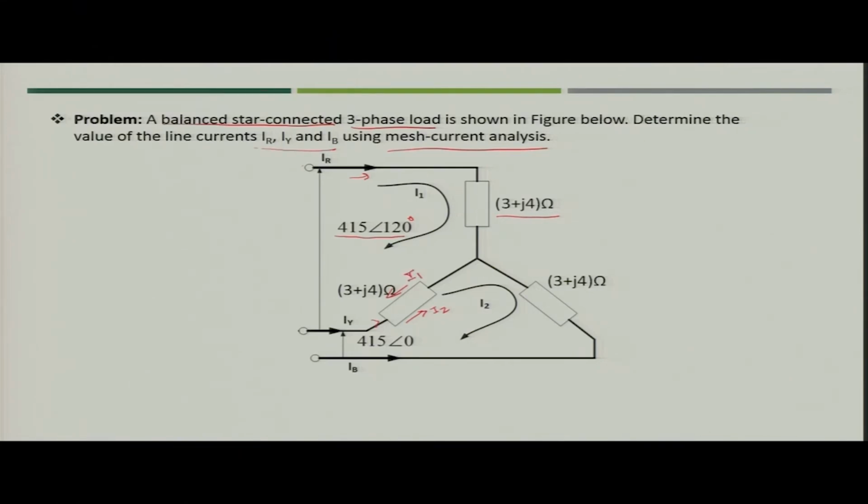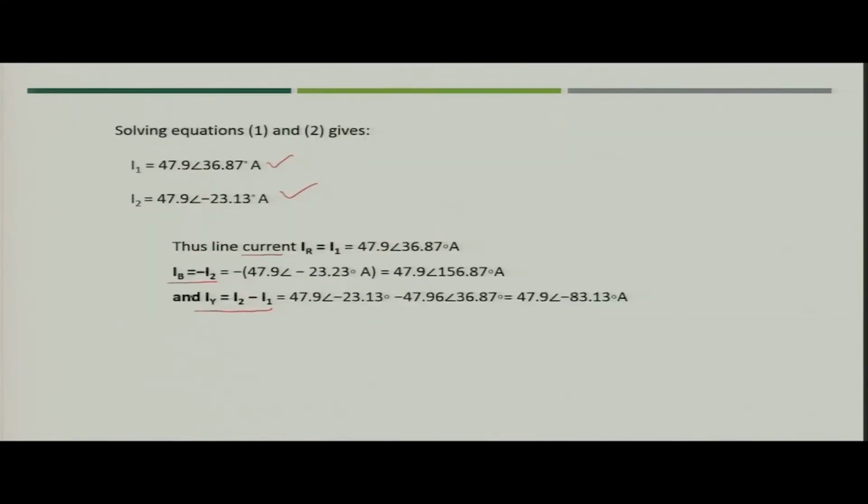So, IY would be I2 minus I1, while IB would be simply minus I2, because the direction of IB is opposite to I2. So, you will write IB is nothing but minus of I2, and IY would be I2 minus I1, because I2 is in the same direction as IY. So, this you get, and you can simplify by putting the values of I1 and I2, and you will get these results.